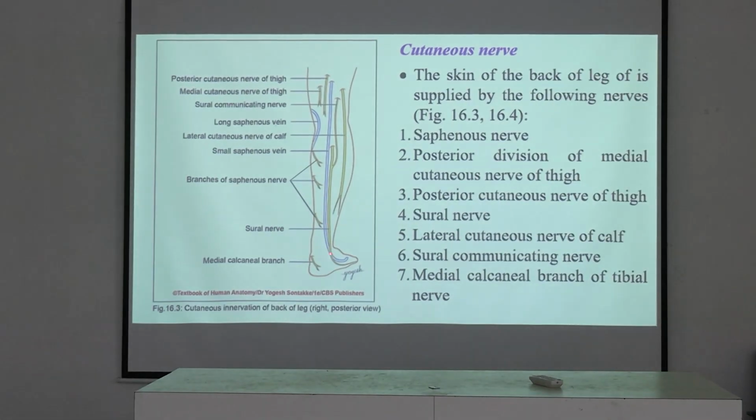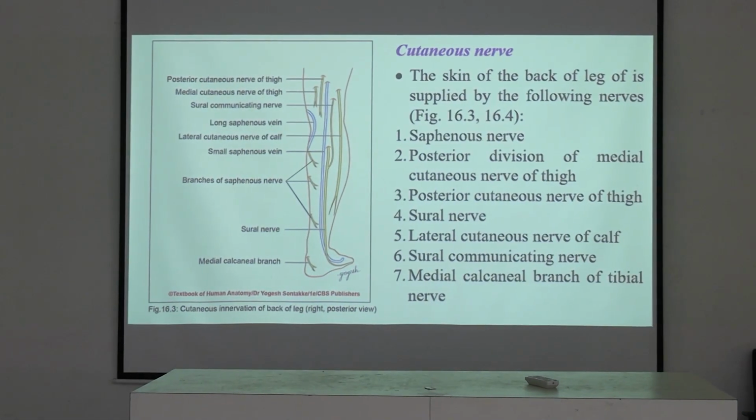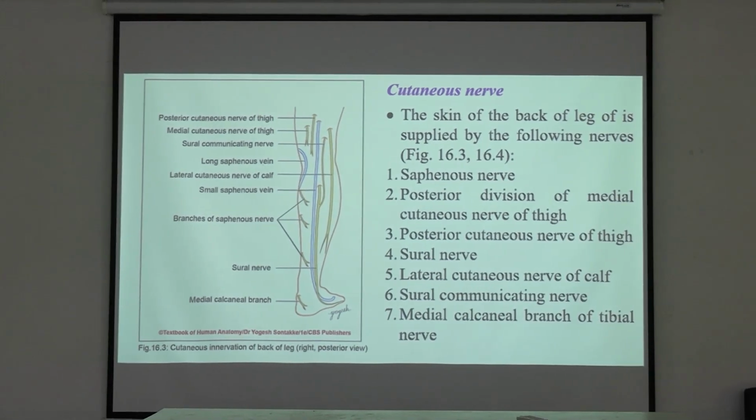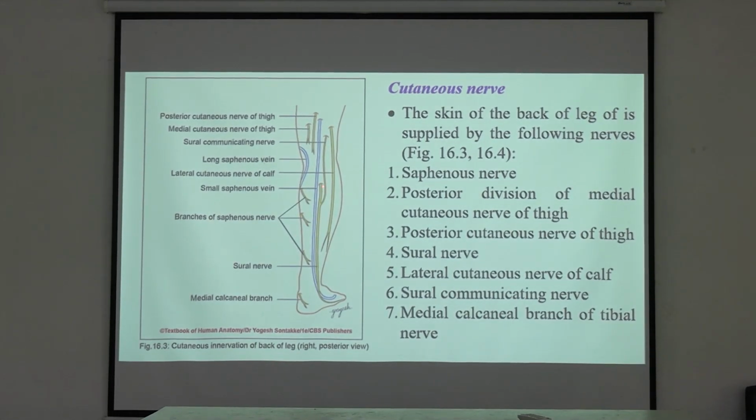But unfortunately or fortunately, this saphenous nerve, we cannot find the saphenous nerve here in this body, where a branch from the common peroneal nerve replaces this whole nerve. Okay.